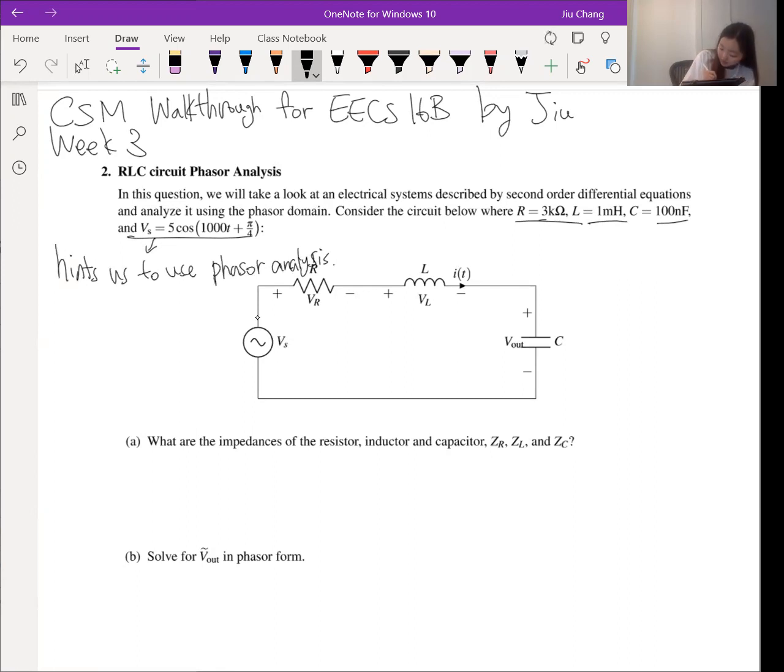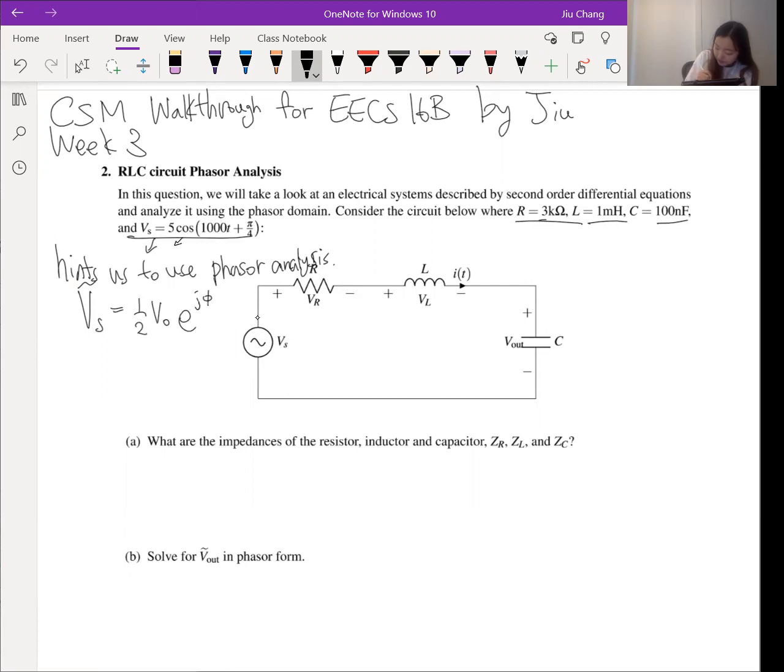Okay, so Vs phasor is equal to 5. We know that this is equal to 1/2 V naught, which is used for the magnitude, so V naught e to the power of j phi, the phase for phi.